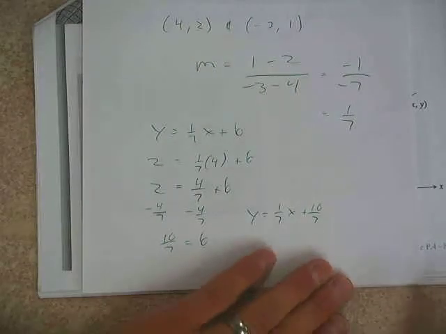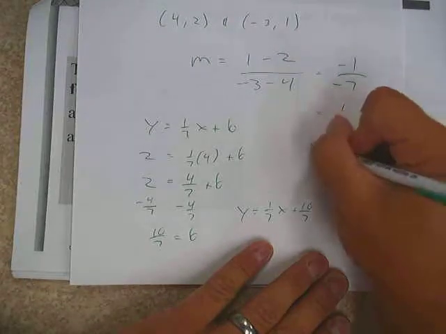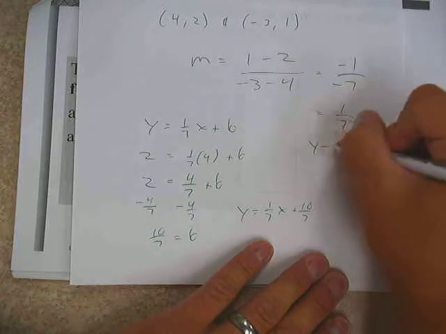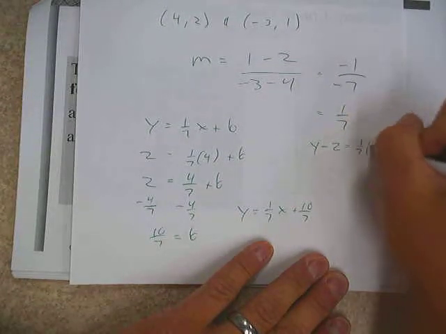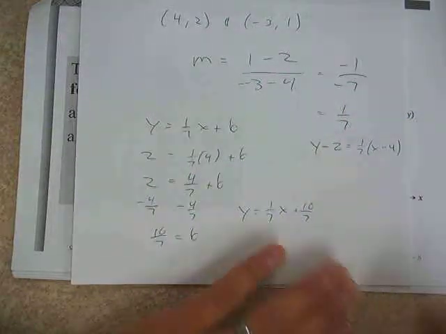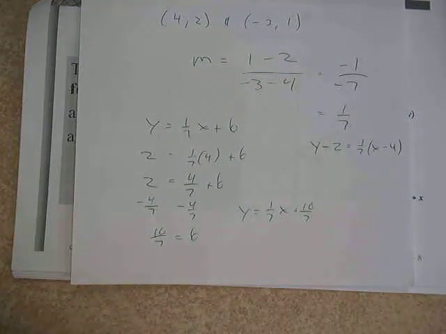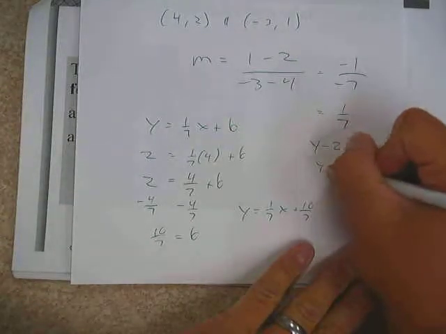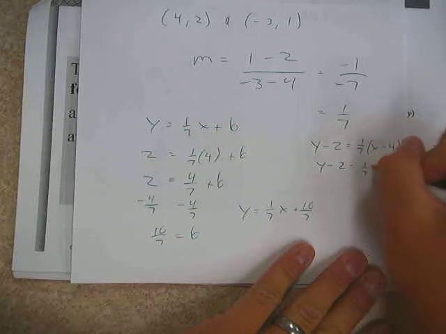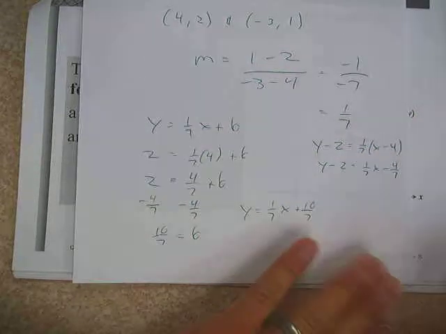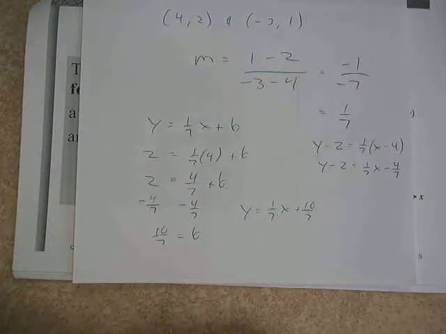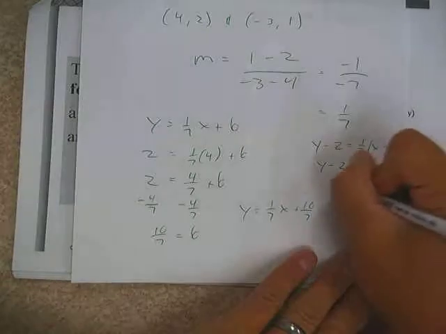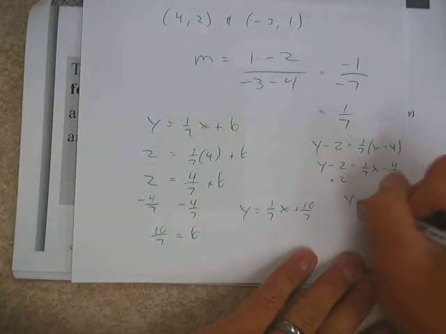And from there, I could write the final answer, which is y equals 1/7 x plus 10/7. And that would be the slope-intercept form of that line. So that's one way. Or, if you wanted to, like I said earlier, you could start out by writing y minus 2 equals 1/7 (x minus 4). You could use that same point and slope and put it in point-slope form and then just change it by solving for y here.